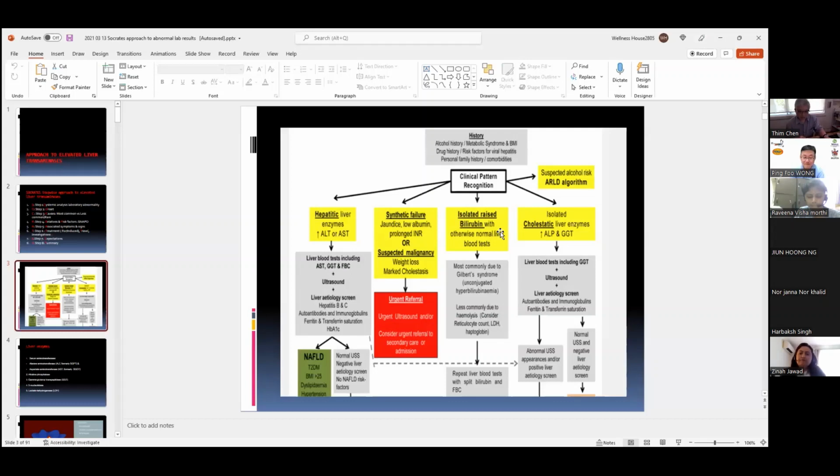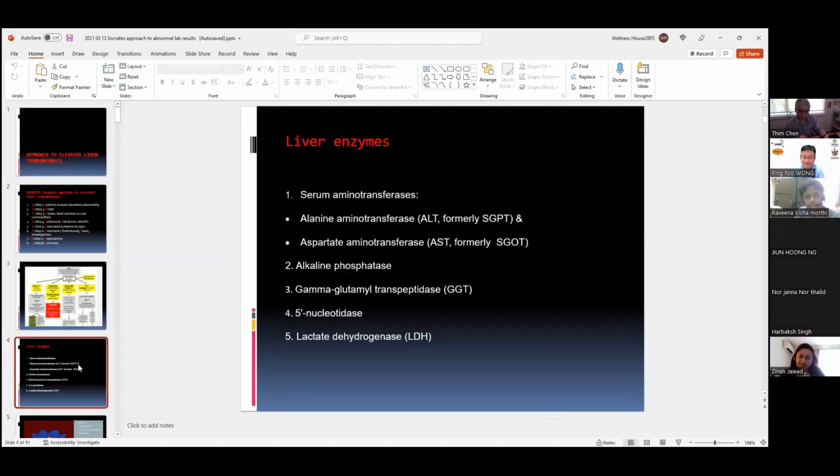Then there are isolated patterns, like Gilbert syndrome and cholestasis. So this is the approach algorithm. Today we just concentrate on liver enzymes and don't deviate to others. So we just say ALT, AST, the liver transaminases, which is the topic of today. Of course, there are other enzymes you can't ignore, like alkaline phosphatase, GGT, nucleotidase and lactate dehydrogenase.